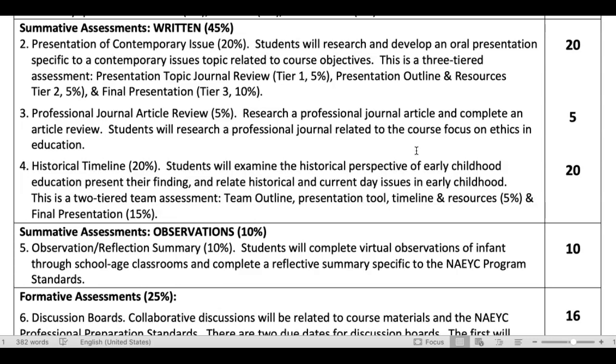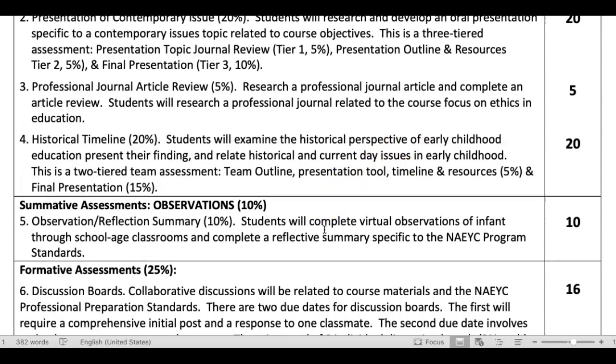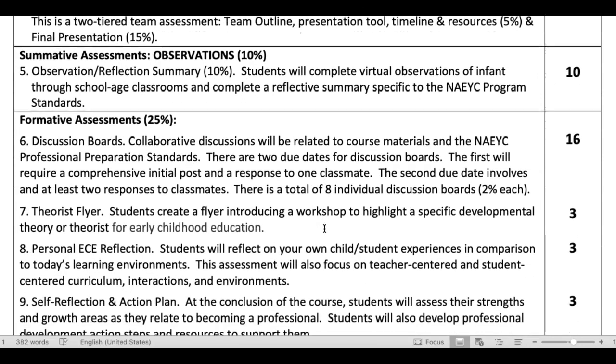You will receive feedback from your instructor, and then you and your teammate will work together to make any revisions and additions for your final presentation of this project. The historical timeline team project is 20% of your grade.